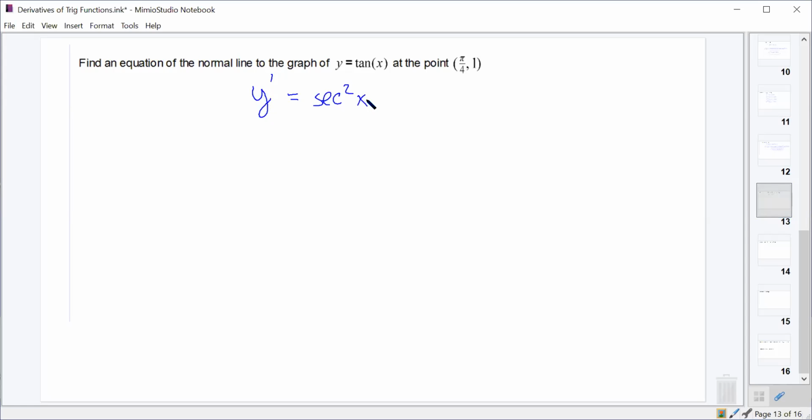And if we want to figure out what that is at pi over 4, that would be secant squared of pi over 4. And what's the secant of pi over 4? This is the part where you immediately unmute yourself and tell me the right answer, because you know all of the trig functions and all of those important unit circle values.